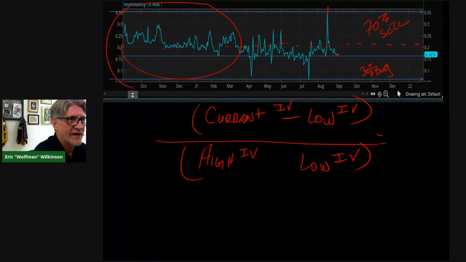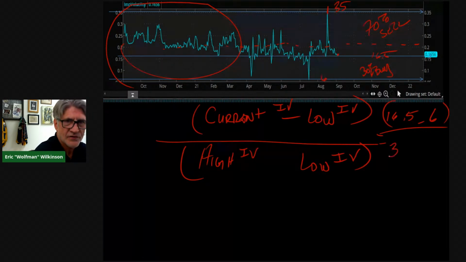So what we have here is the high, I'm going to call this 35. We've got the current at 16.5, and the low I'm going to say is 6. So we've got the current 16.5 minus the low, which is 6, and then divide that by the high minus the low, 35 minus 6, right?